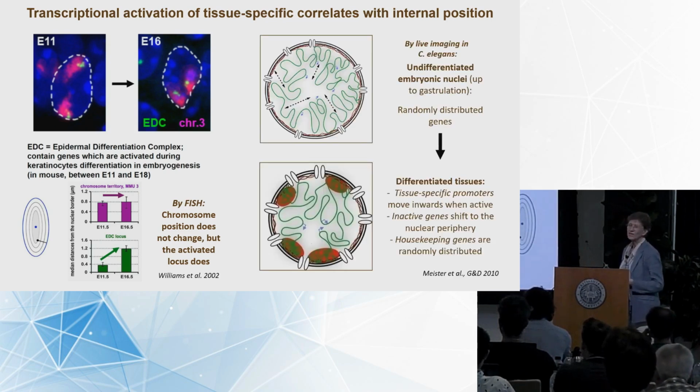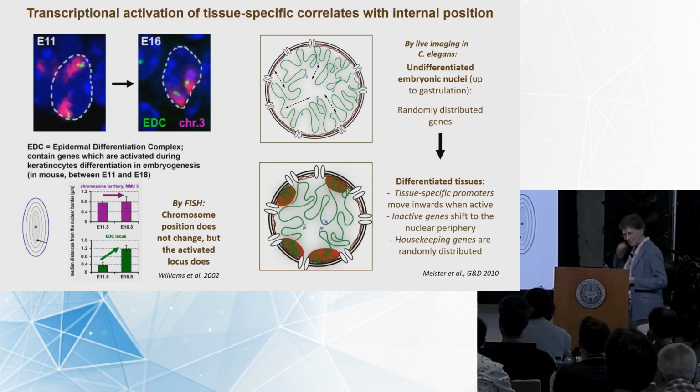And then we did something very similar with live imaging in C. elegans, and we would tag the promoters of tissue-specific genes, a number of them, in undifferentiated embryonic nuclei up to gastrulation in C. elegans. There was no specific enrichment of any of these tissue-specific promoters, either at the periphery or in the inside. But in differentiated tissues, we would see the active promoters would be, without fail, recruited to the internal portion of the nucleus, and the tissue-specific promoters that should be repressed were sequestered at the periphery.